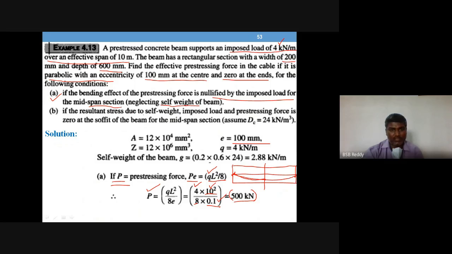Right. What about the second question? If the resultant stress due to self-weight, imposed load, and pre-stressing force is 0 at the soffit, meaning the bottom of the beam, for the midspan section, what will be the pre-stressing force required, the P value required.